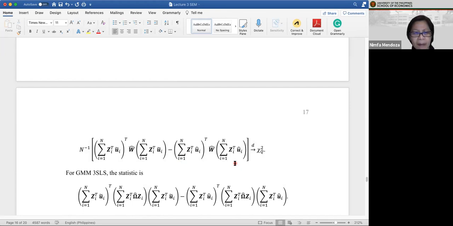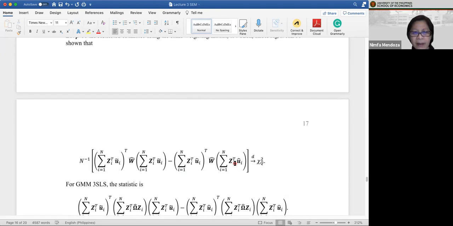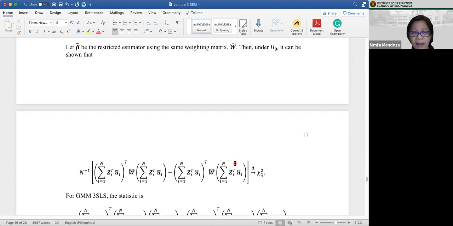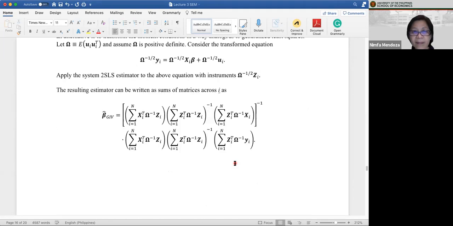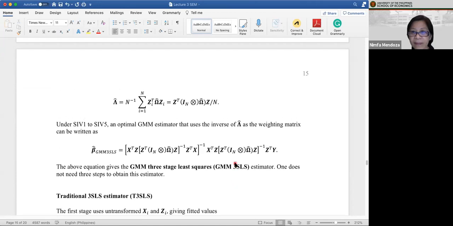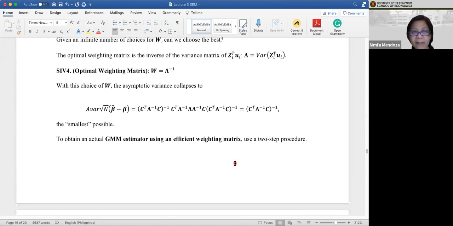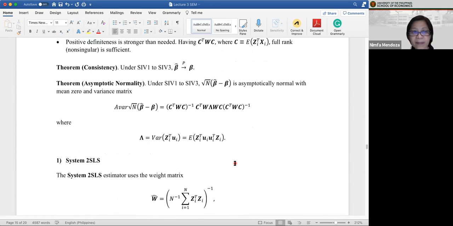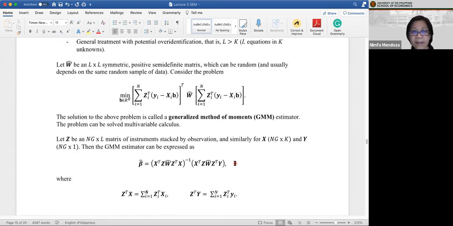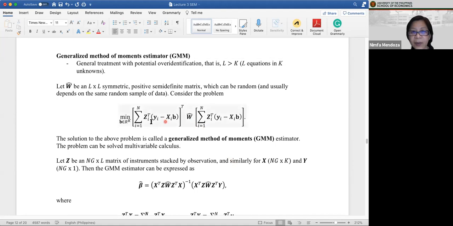Let's go to page 12. Note that you have this.